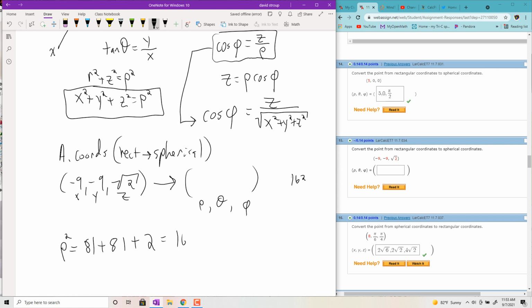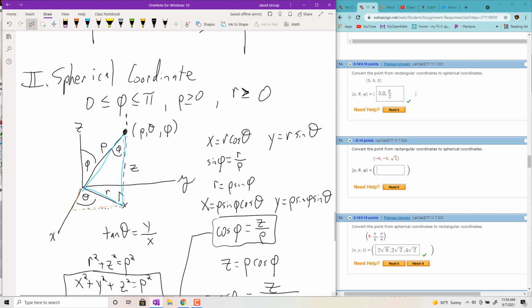So rho will be the square root of 164. For theta, you could just do the tan of theta equals -9 over -9, which would be 1. So take theta to be pi over 4.